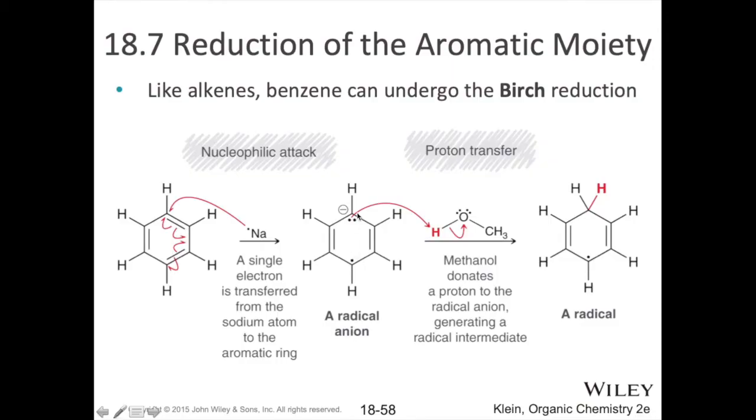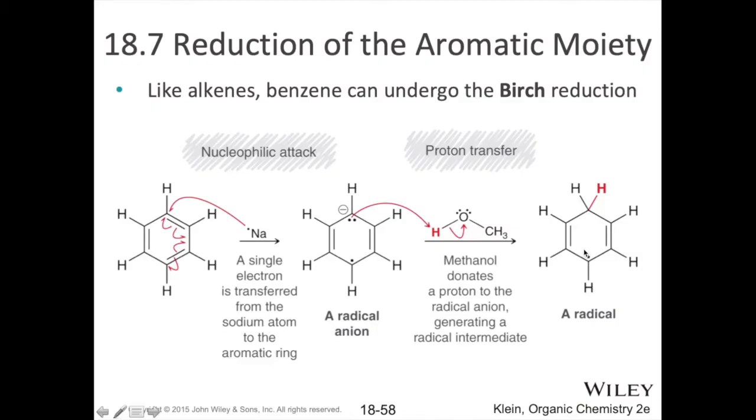Now, to get rid of the anion part, we have methanol present as well, and methanol is protic. So this anion can pick up a proton from your methanol, and now you just have a radical left over.